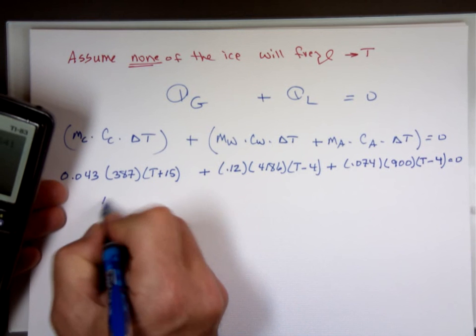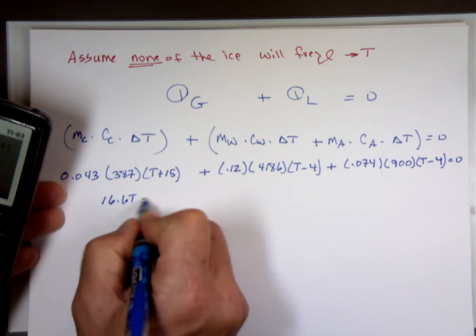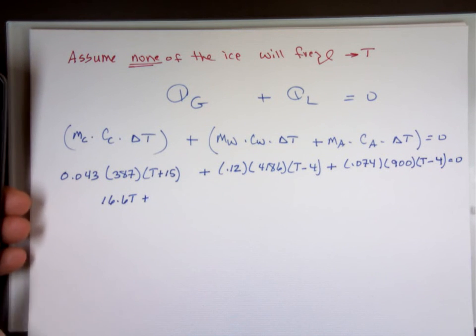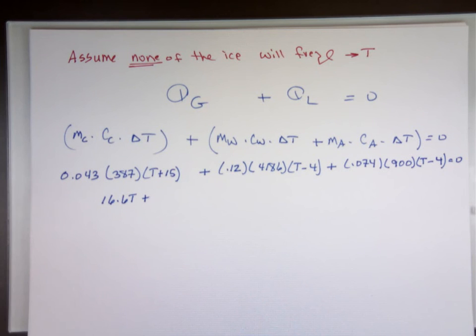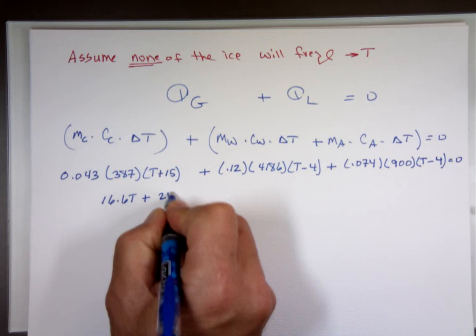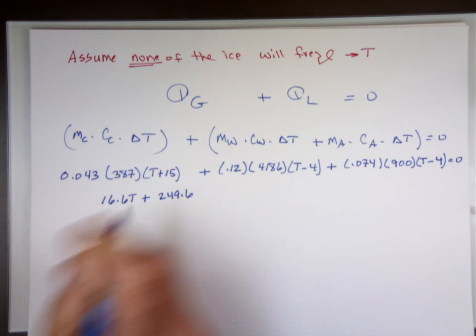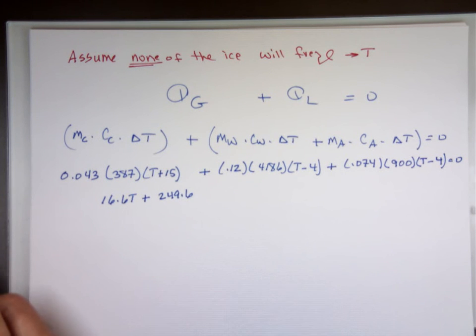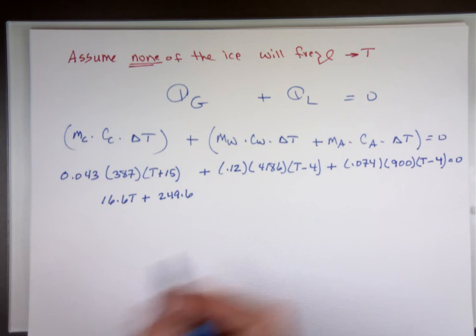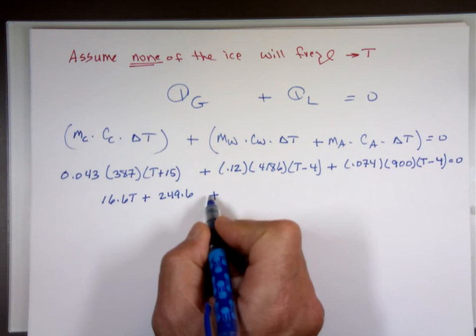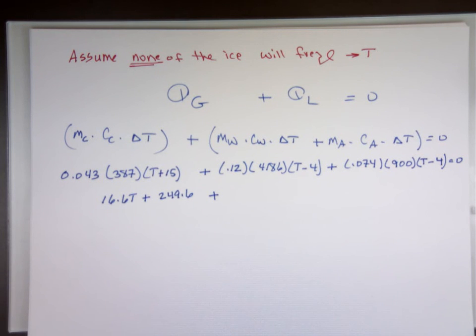16.6 T plus 249.6 plus, let's see what 0.12 times 4186.